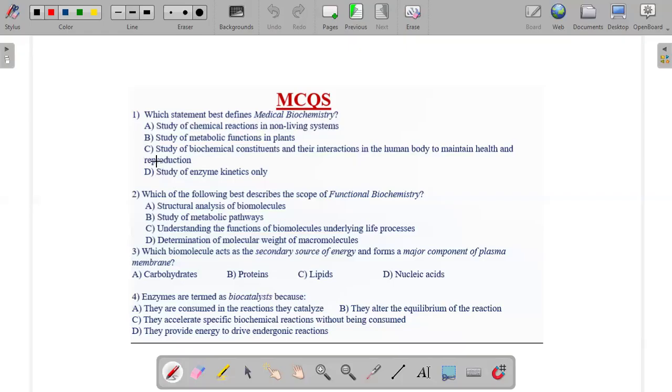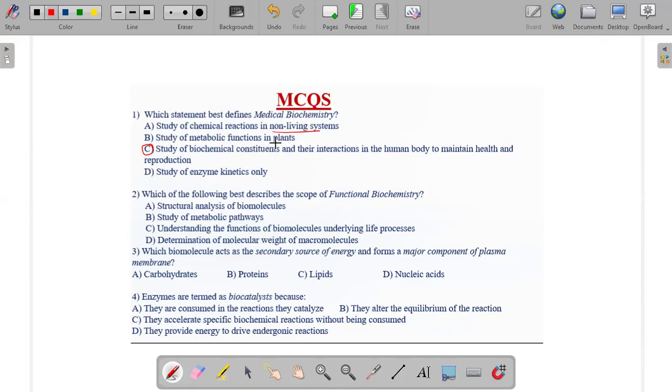Okay, C, right? If you look at A, the non-living system part is making it wrong, isn't it? The second one says study of metabolic function in plants. This one has only covered the second semester part, where we are going to discuss the metabolism of most of the biomolecules that we've talked about.